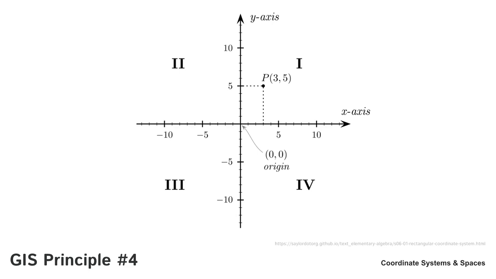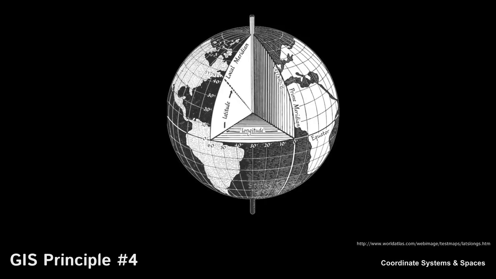Again, it has a y-axis and an x-axis, and it's similar to a graph space of an x-axis and a y-axis. But in this case, what we add with latitude and longitude is a graticule, which is the gridded space of the Earth, onto a round sphere.